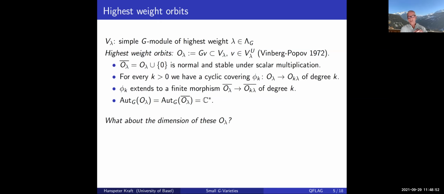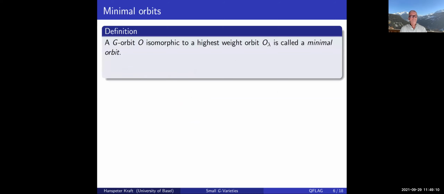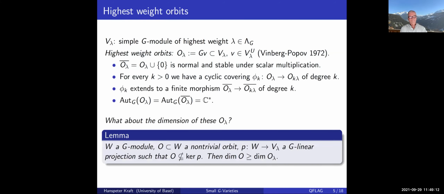Now, what about the dimension of these orbits? You remember, I will call them minimal, because in some sense they are the smallest orbits, and this can be made precise by the following lemma. Take any G-module, or any variety, but G-module is better.